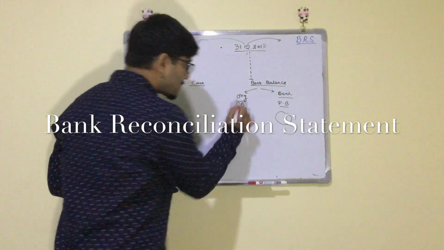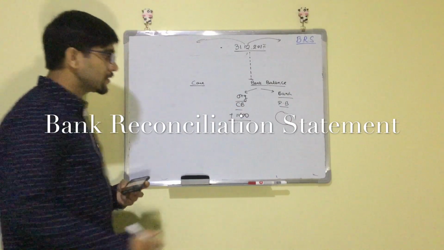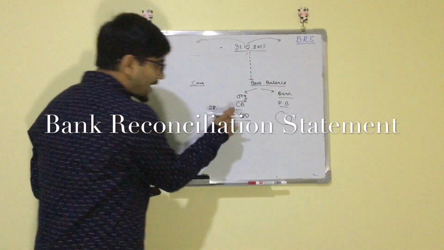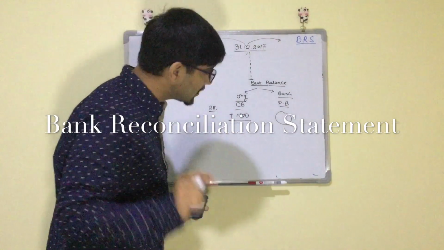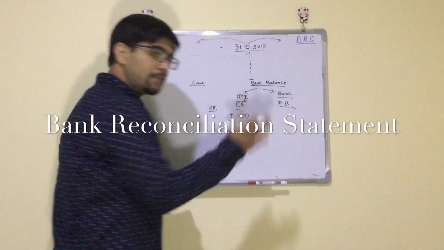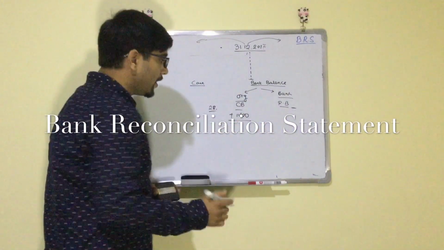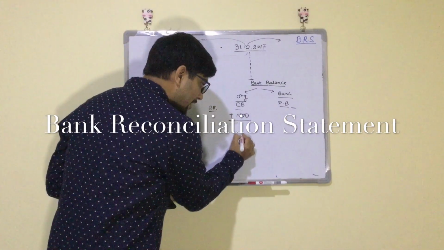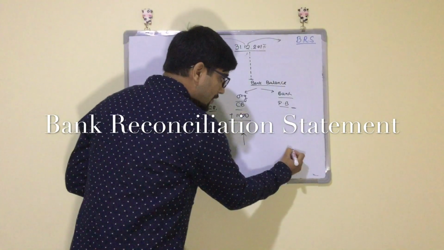So we have increased the cash book balance by $1,400 on 28th December, but this check has not yet been cleared. That means the passbook is still not moving. We have increased $1,400, passbook is here.